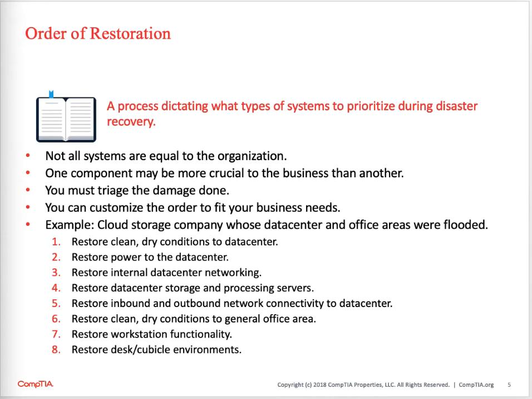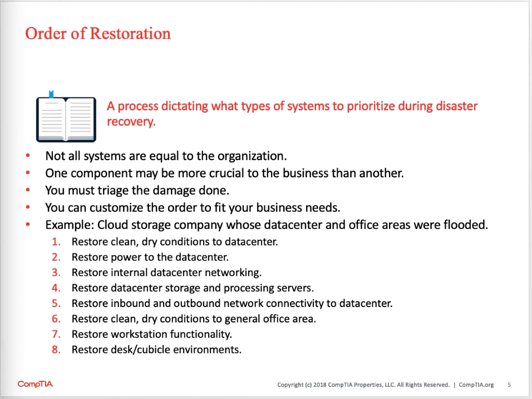So we have an order of restoration, and this order of restoration is going to dictate what type of systems we're going to prioritize in our recovery efforts. So not all systems are created equal. The same way we label data based on its sensitivity and its functions, we need to classify our hardware and the services and networks based upon how crucial each one of these components are to our overall business continuity.